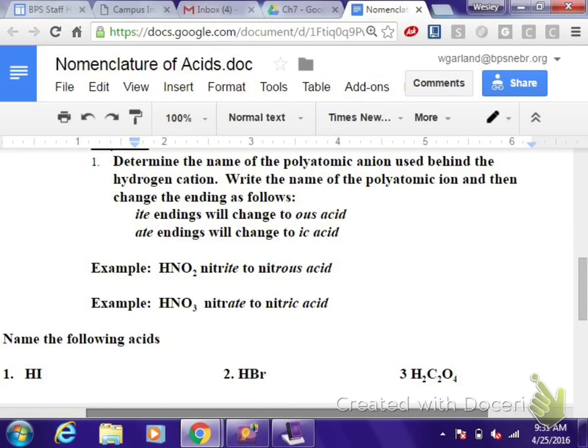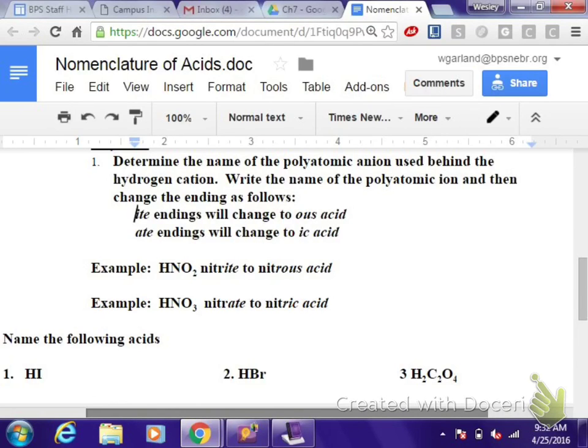Got it? What's the name of C2O4? Oxalate. So, do we name it hydrooxalic acid? No. It doesn't have hydro, only binary does. So ATE becomes what? IC, right? So oxalic acid.